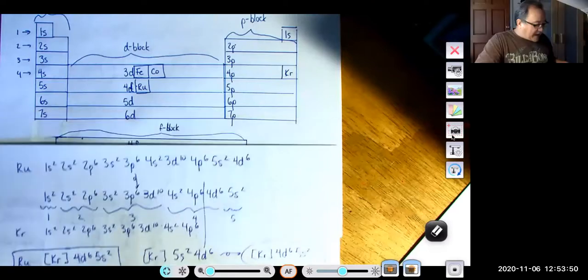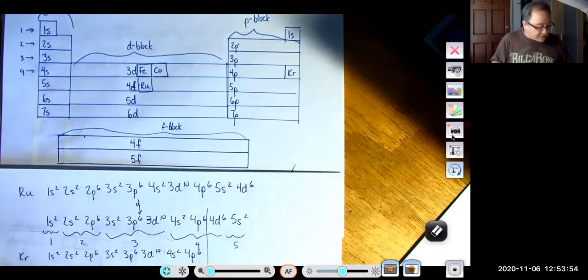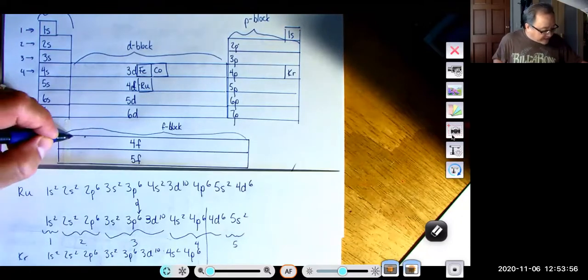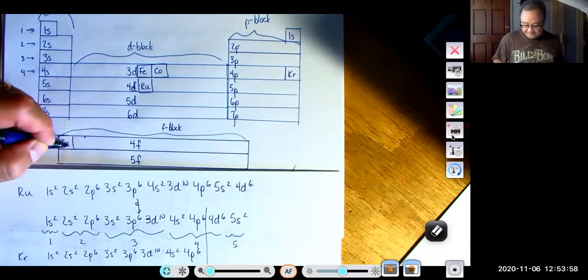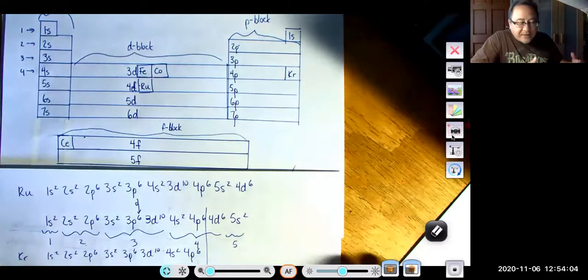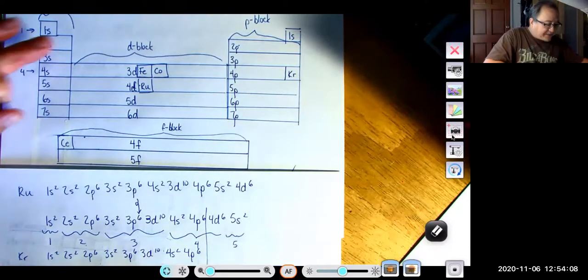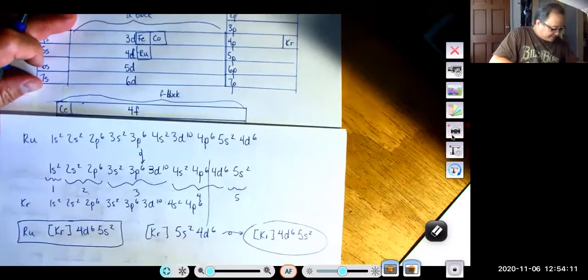So now let's do something really radical. Let's do this one right here, which is cerium. We want to look at the periodic table and see which is the previous noble gas for cerium.